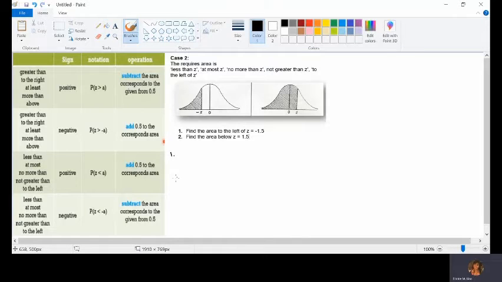So step 1, we're going to draw the normal curve. Okay. So this is your normal curve. And we're going to locate the Z value, which is on the left side of your mean. So that is negative 1.5. So we're going to find the area to the left.